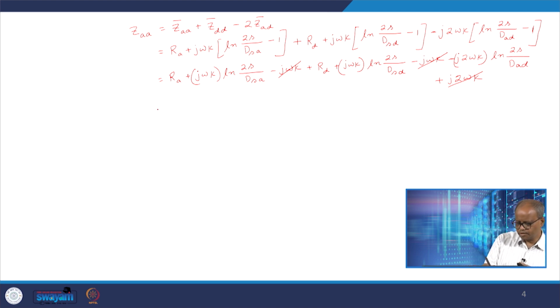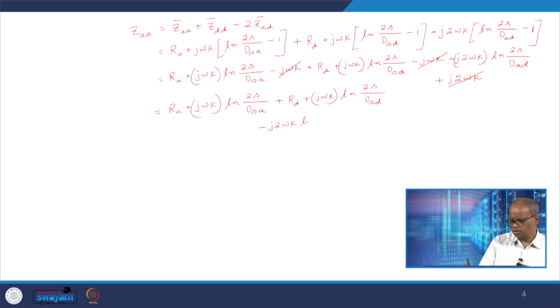So then what are we left with? We are left with RA plus j omega K log of 2S by DSA, plus RD plus j omega K log of 2S by DSD, and then minus j 2 omega K log of 2S by DAD. That is what we are left with.